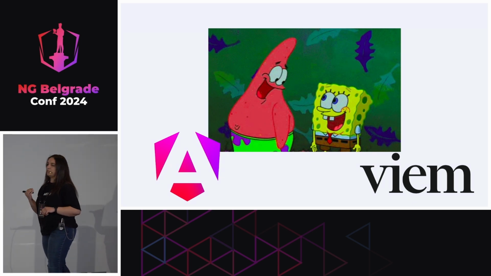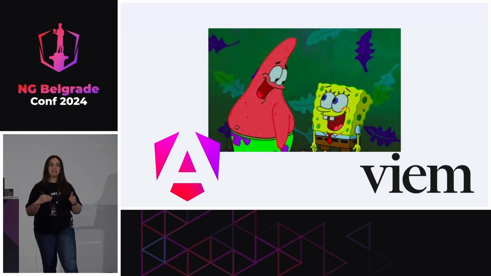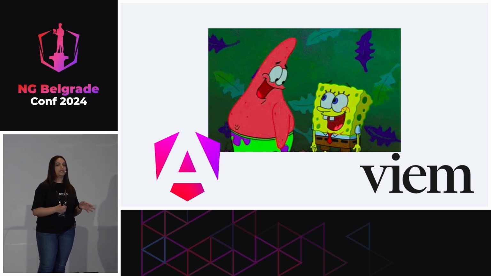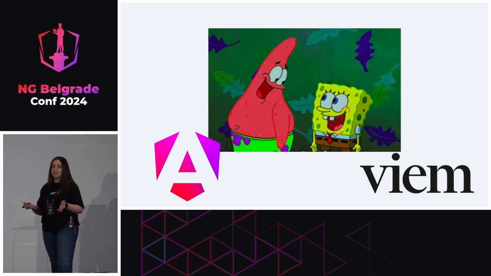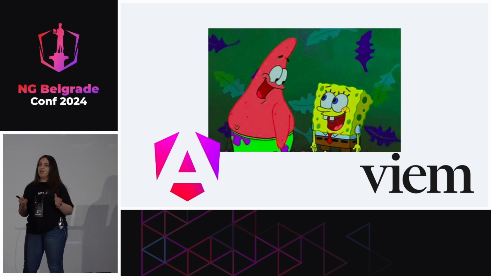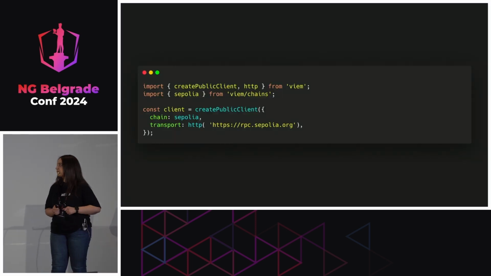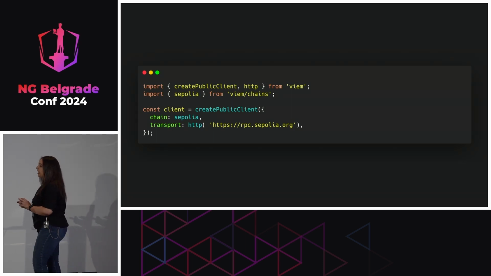When I tried it with Viem, everything is really smooth, and it solves all the problems that I got with Ether.js. So I can tell that Angular and Viem are really friends now and can work really well together.